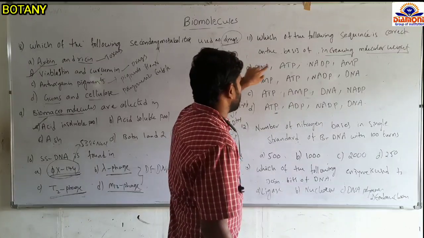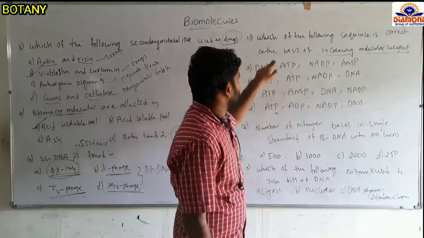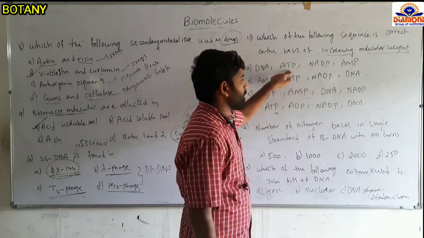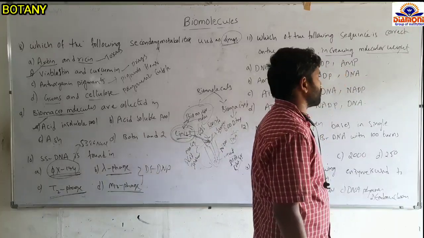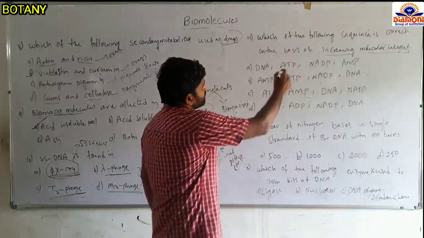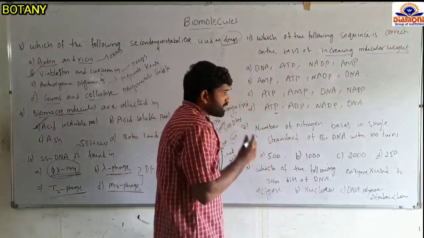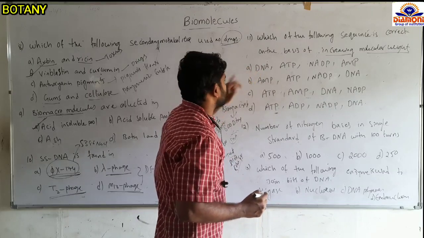Option A: DNA, ATP, NADP, AMP, that is deoxyribonucleic acid, adenosine triphosphate, nicotinamide adenine dinucleotide phosphate, and adenosine monophosphate. The question asked for increasing order, meaning small to large, but option A is given in decreasing order. So option A is incorrect.